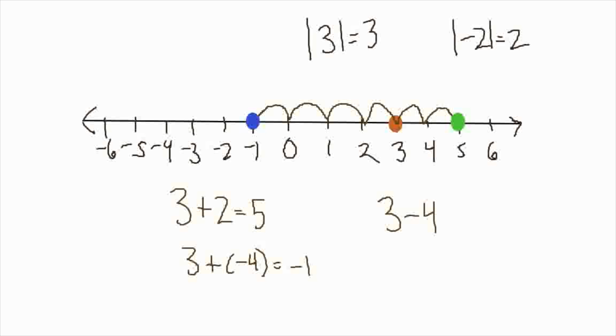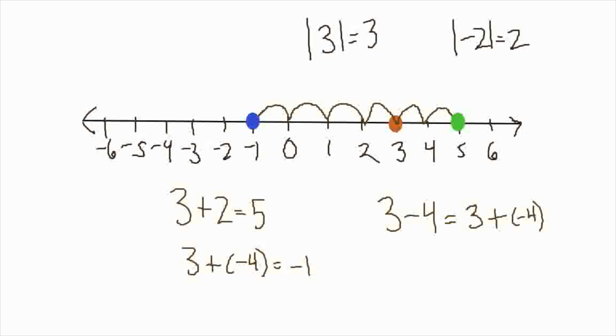If you understood addition with positive and negatives, you can just think of subtraction as another type of addition. There's an addition problem hidden in there. If you minus 4, that's the same as adding -4. So when you do 3 minus 4, you're going to end up moving 4 hops to the left, as if I was adding a -4.